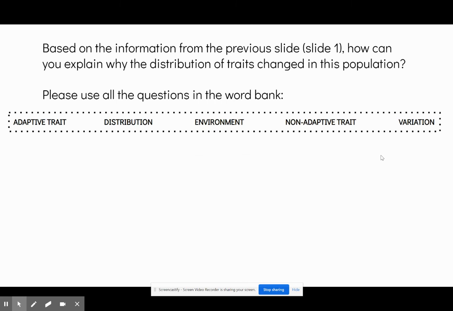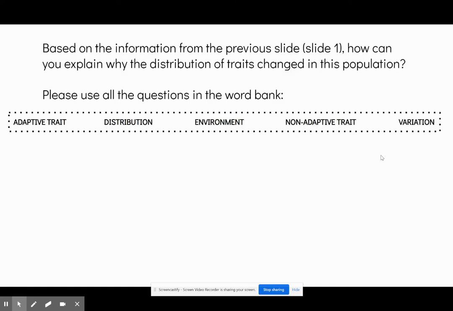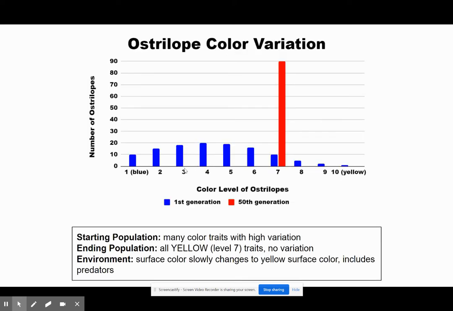Okay, so first of all, what is the adaptive trait? Well, we can see that the adaptive trait over time is going to be that yellow coloring. The non-adaptive traits, if we come over here to this one, are obviously going to be the blues and the greens. That's not very beneficial anymore.